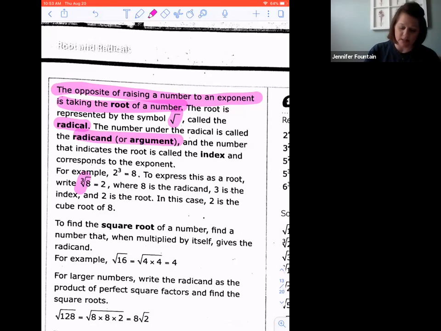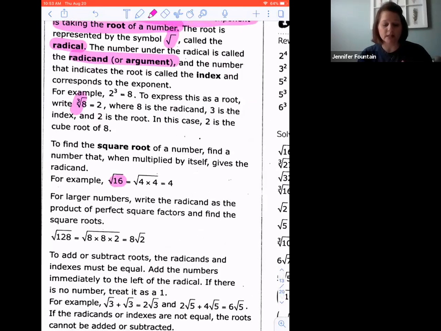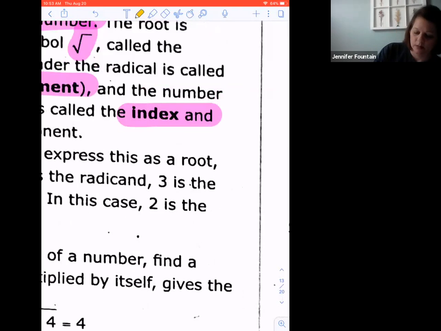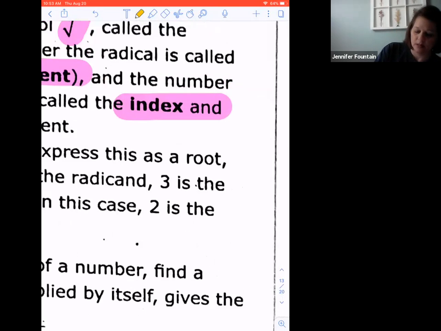So if we look at this one right here, 16 is under the radical, and so that is called the radicand. The number that indicates the root is called the index. So what I want to do now is talk about the index for a minute.